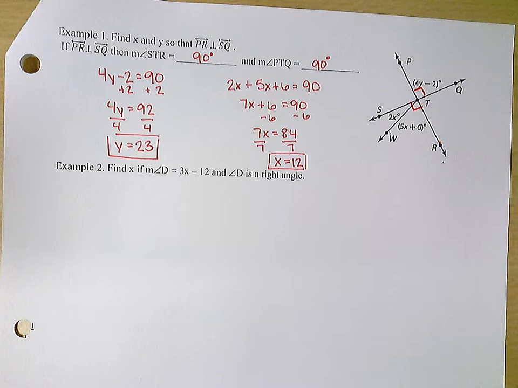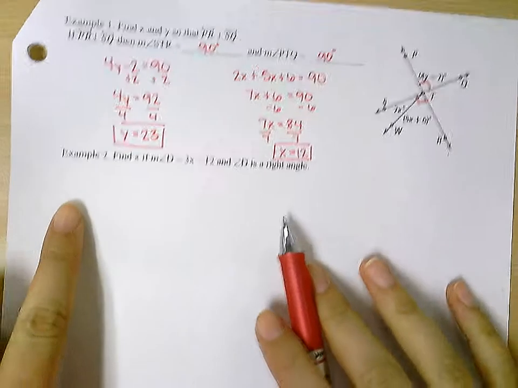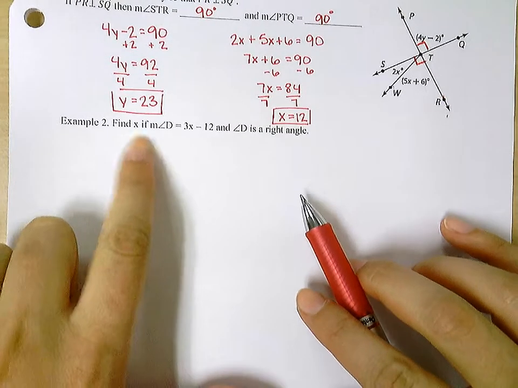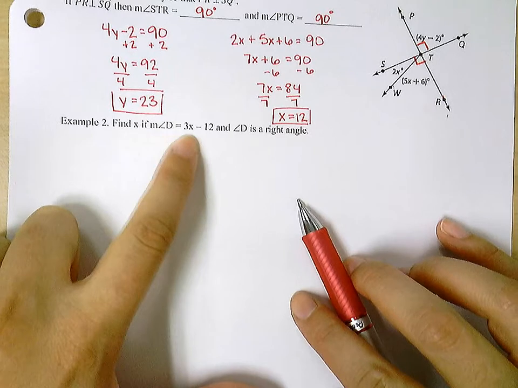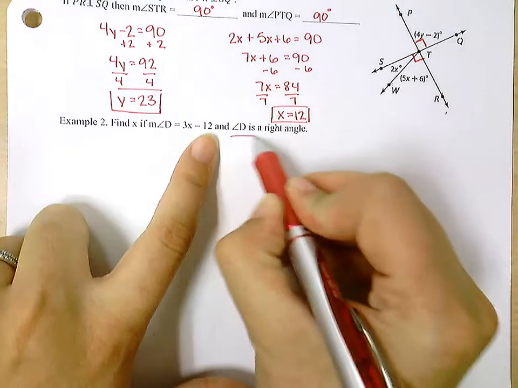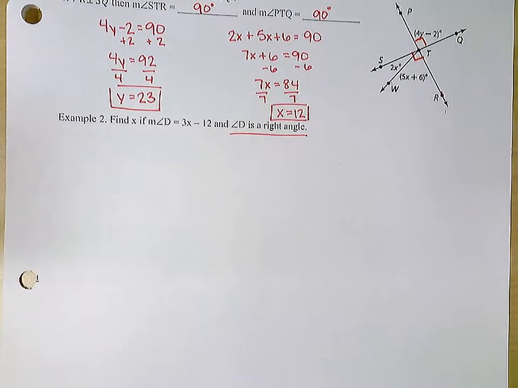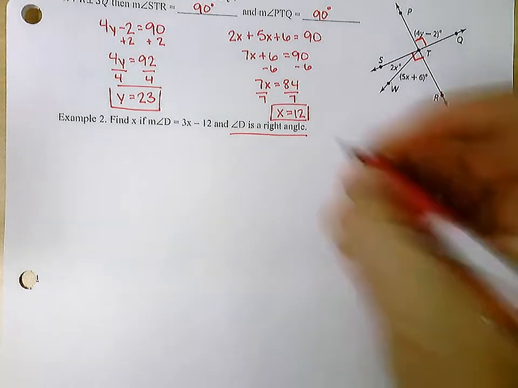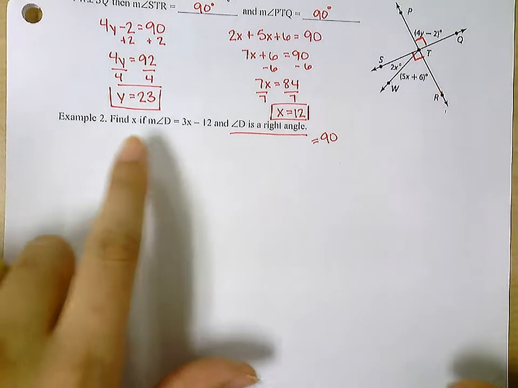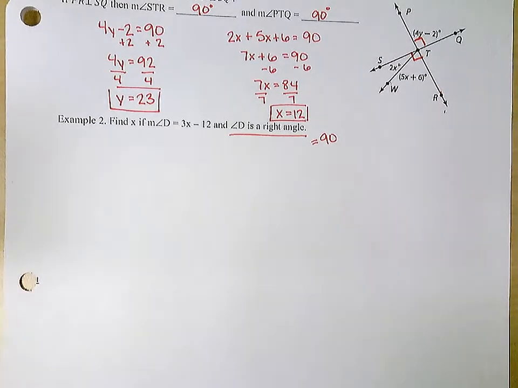All right, so I'm going to go over example 2 really quick here. So you want to find x if the measure of angle D is 3x minus 12, and we know that angle D is a right angle. So since it gave you angle D is a right angle, it must be equal to 90. They also gave you angle D is 3x minus 12.